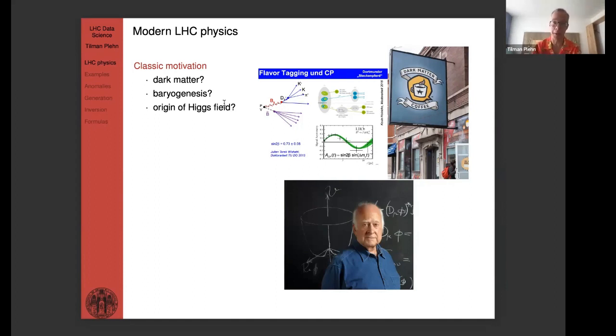Our experimentalists discovered the Higgs boson, but we really have no idea where this field is coming from and what its dynamic origin is. These are the physics questions we're trying to answer, and we need to keep this in mind no matter how technical we become, and we will usually become very technical. That was that way before machine learning, and it's certainly that way with machine learning.